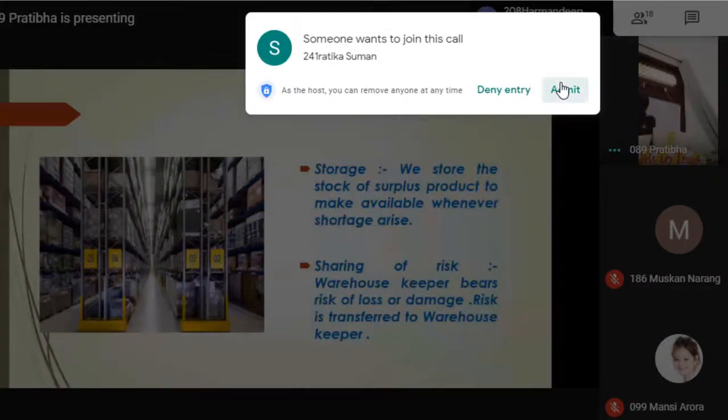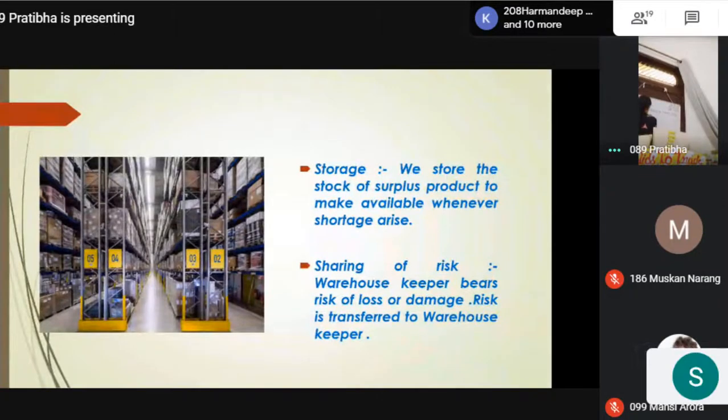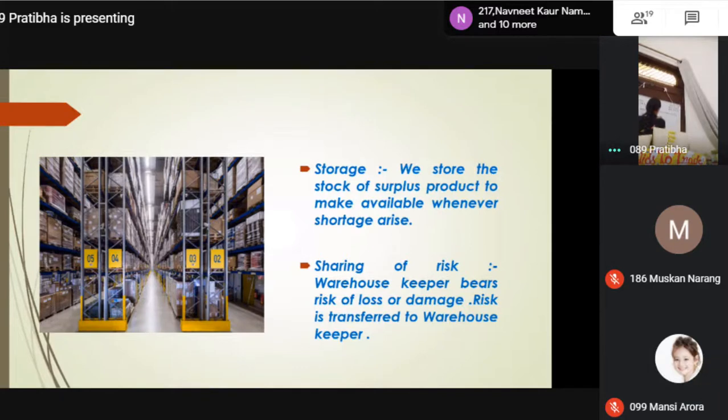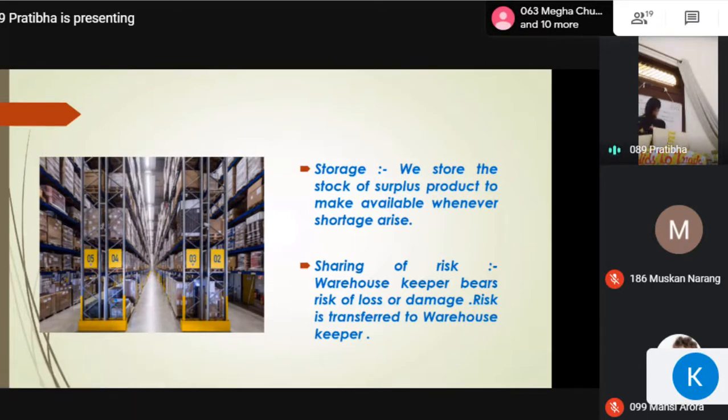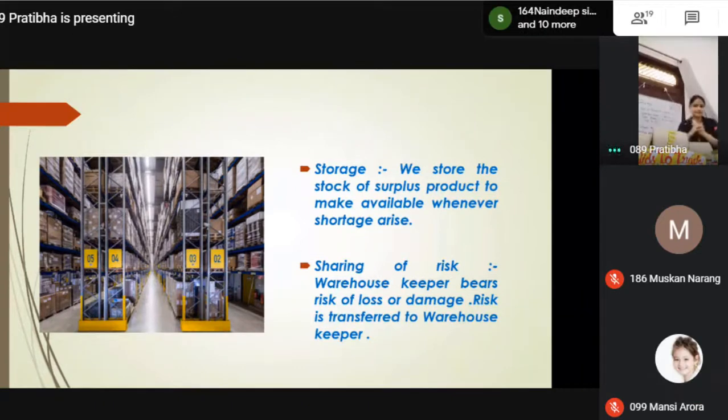The warehouse keeper is responsible for losses because goods are handed over to him for storage purposes.